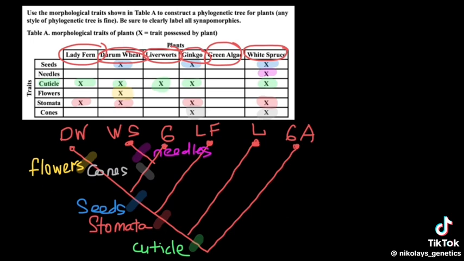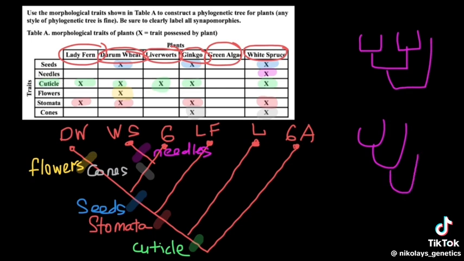So we finish our phylogenetic tree, and you may also make a different phylogenetic tree which may look something like this, but as long as it shows the same type of relationship between species, it doesn't matter how your phylogenetic tree looks.